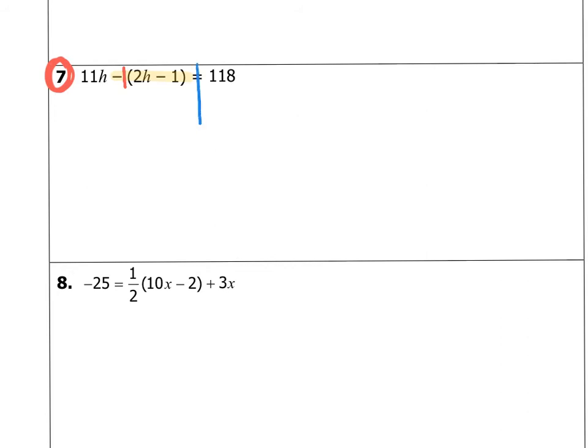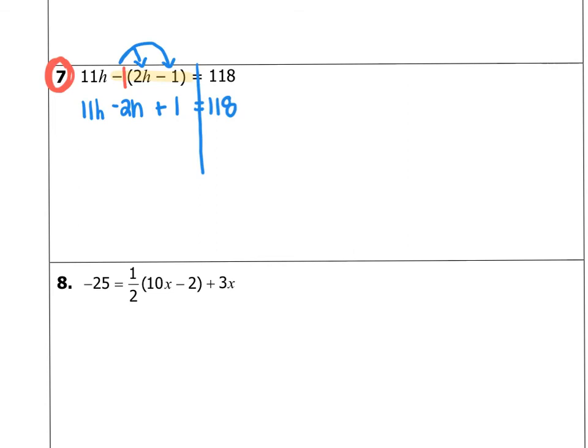So let's draw my line down my equal sign and let's distribute. Negative 1 times 2h is negative 2h. Negative 1 times negative 1 is plus 1. And I didn't touch the equal sign, so I'm going to bring down the equal sign, bring down 118, and bring down this 11h.